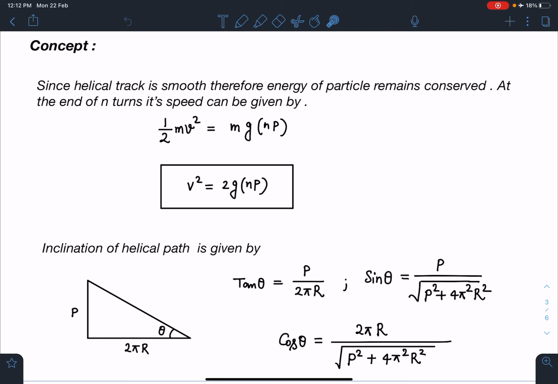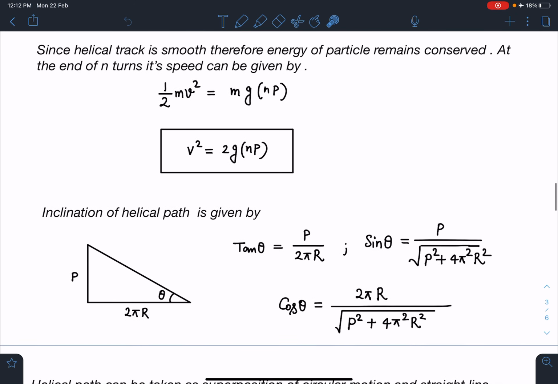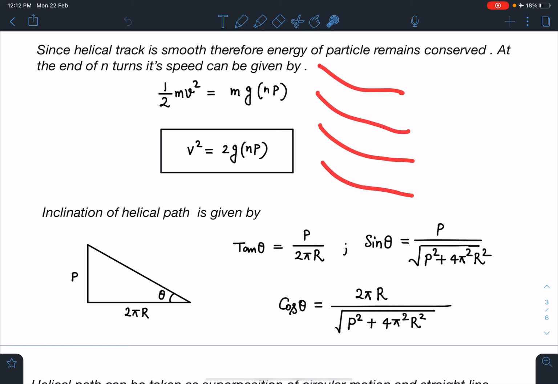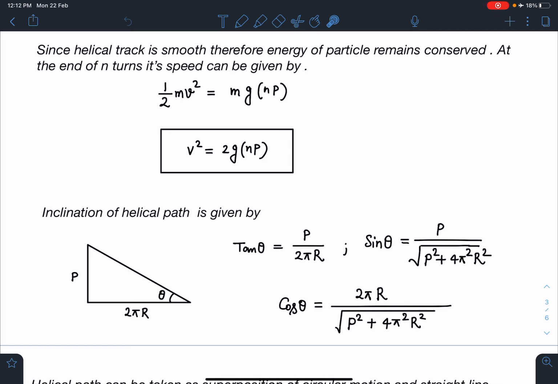Now this is a very standard concept here. The helical lines have a uniform angle of inclination, and this angle theta we can easily write. For one complete turn, that means in a round of 2 pi r, it moves a distance of p, which is the pitch of the helix.